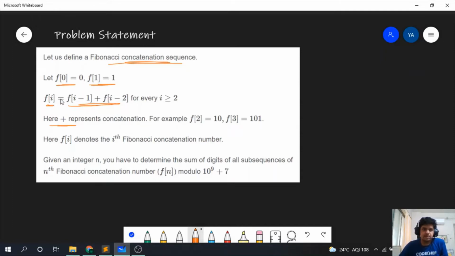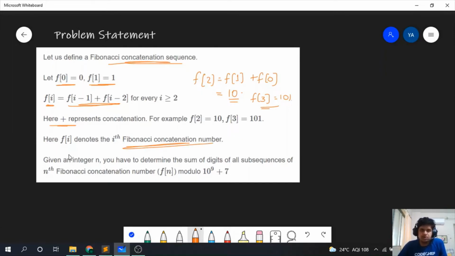So f of 2 is equal to f of 1 plus f of 0, which is 1 0. Similarly, f of 3 will be equal to 1 0 1. And f of i denotes the ith Fibonacci concatenation number.